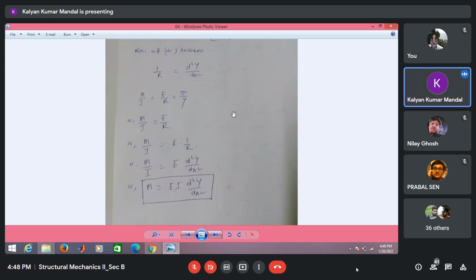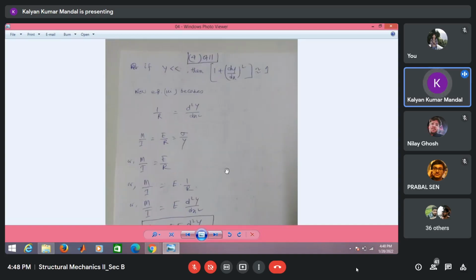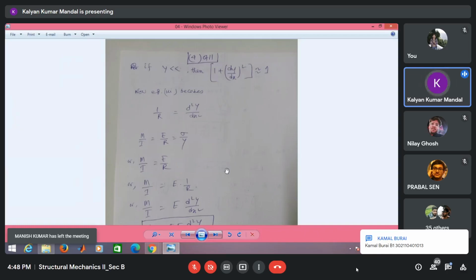We can assume that 1 plus (dy/dx) square is almost equal to 1. This can only happen if we assume that the value of y, which is the deformation of the beam, is very small, and our problem is a small deformation problem. Then 1 plus (dy/dx) square is equal to 1. That means we quantify the deformation as small when we consider 1 plus (dy/dx) square equal to 1.